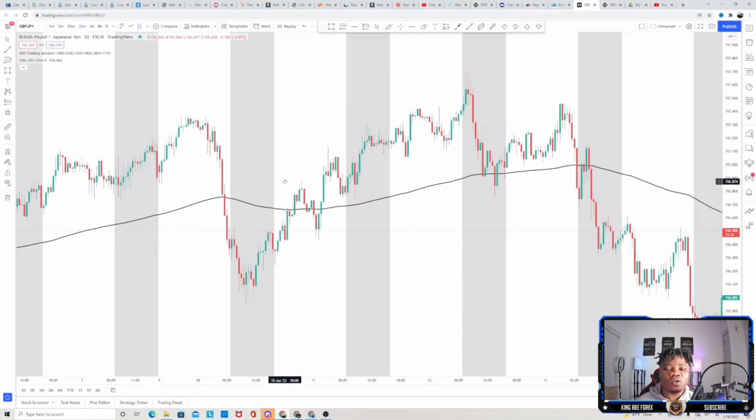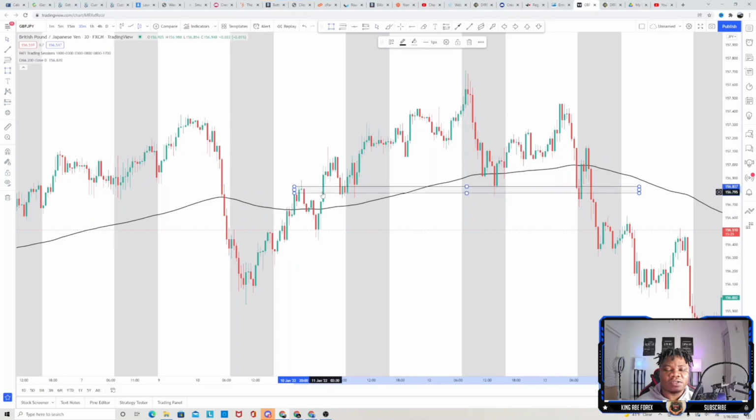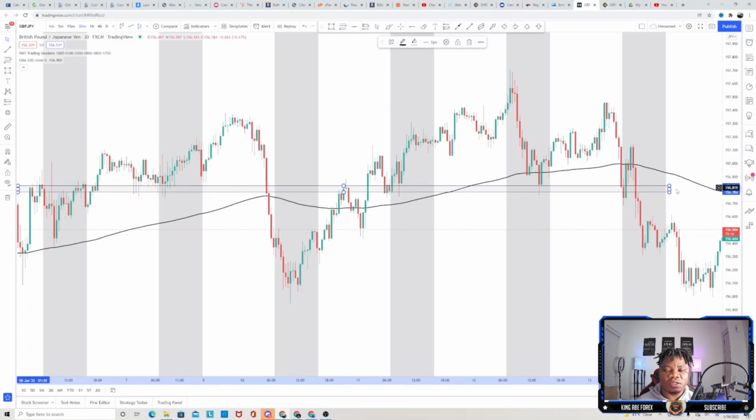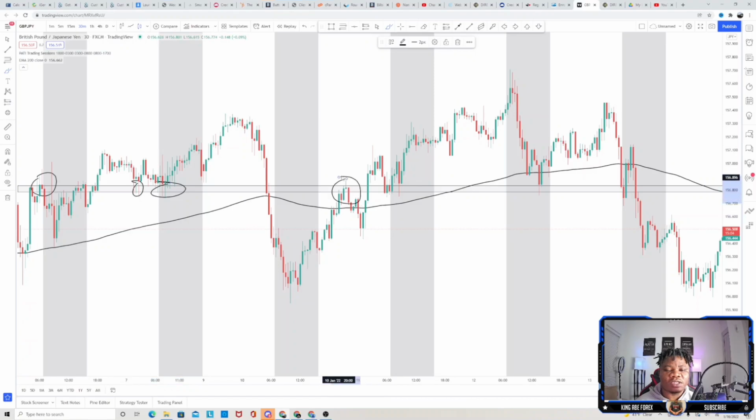Now we need to look for our zone. We can see that previously, before the New York session opened, we had this zone here. Our resistance zone was right over here, and if we look to the left, we should see a rejection as well. Yeah, there we go. Previously we had resistance here, resistance became support, and we had another resistance here.